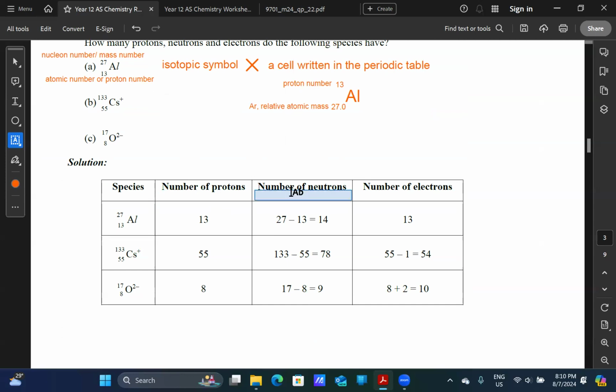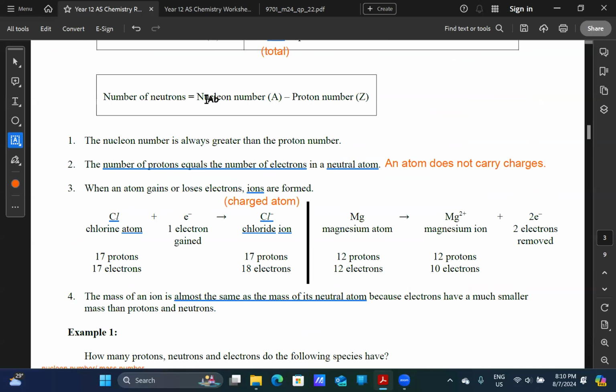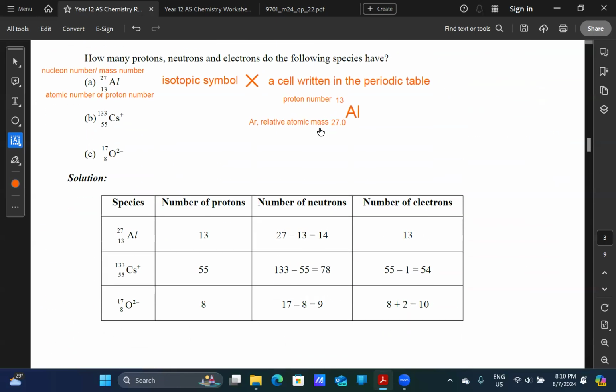To calculate the number of neutrons, we use the nucleon number minus proton number. 27 is the nucleon number and 13 is the atomic number. Their difference is the number of neutrons, so 27 minus 13 gives 14. So 14 is the number of neutrons.